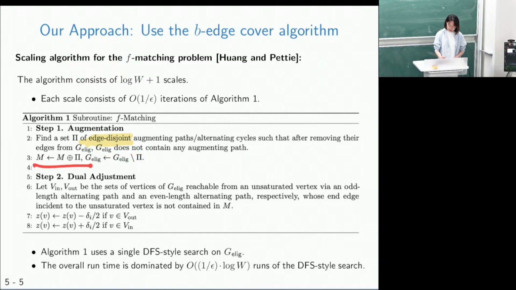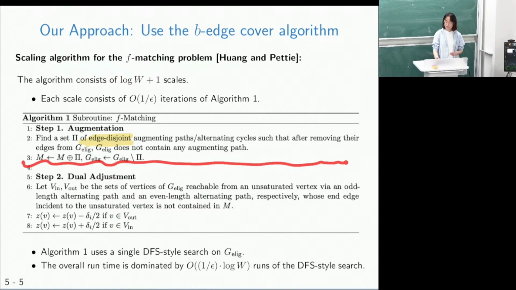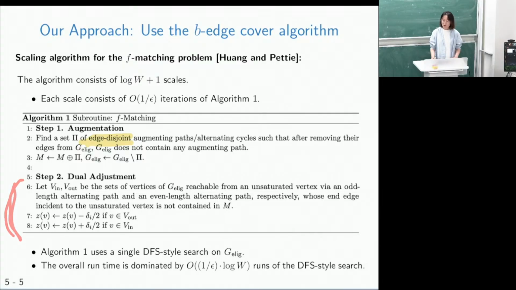Then we update this matching using those augmenting paths and alternating cycles. Then at the end of step 1, we don't have any augmenting path, so we modify the dual values to produce more eligible edges. So by repeating step 1 and step 2 order of 1 over epsilon times, we can complete each scale.